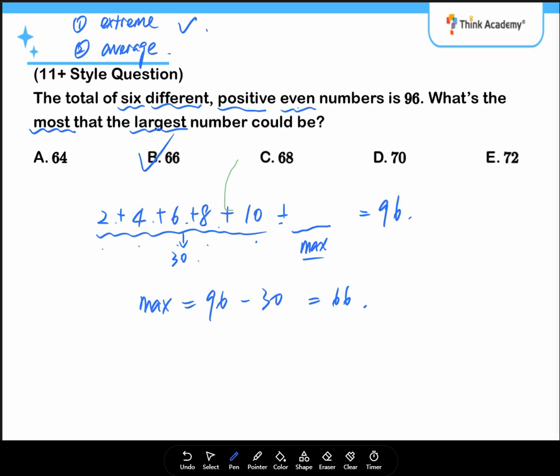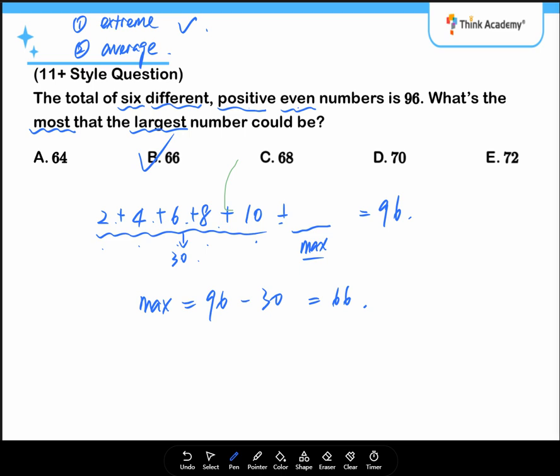The second step is to use a different method depending on which it is. If it's extreme, you just need to make sure all others are as small as possible, or maybe as big as possible. What's a little more difficult is the average condition.